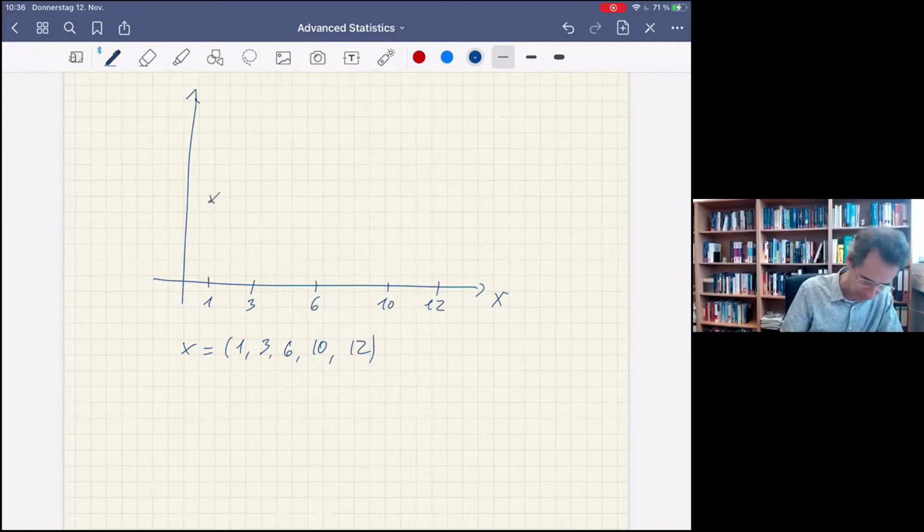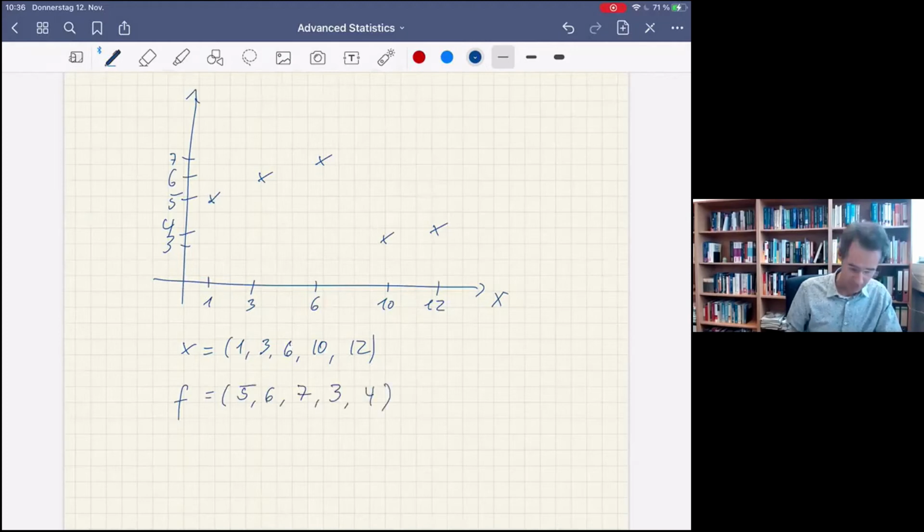Let's assume they are here and here and here and here and here. Then this would be the vector f containing the values. Say this is 5, 6, 7, 3, and 4. All right. Perfect. That answers my question.